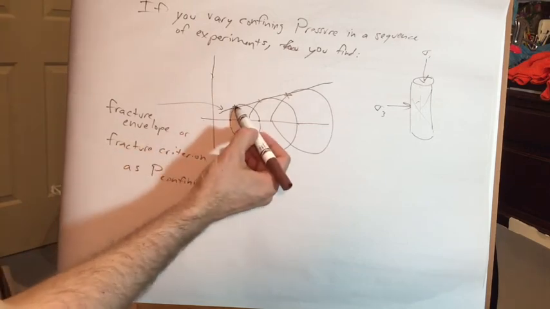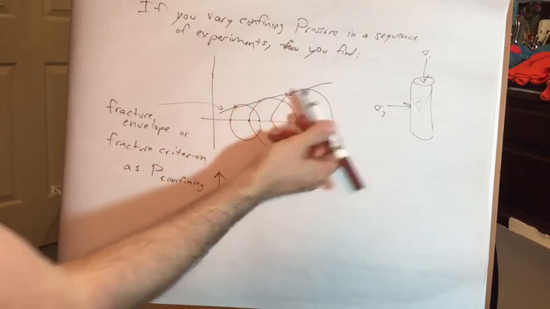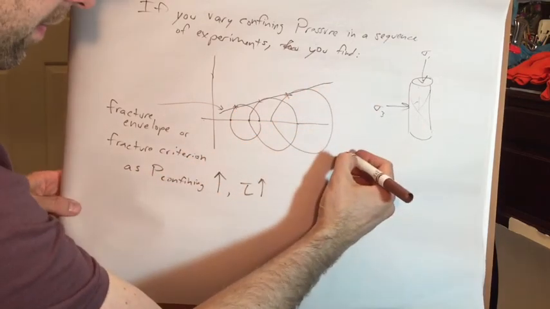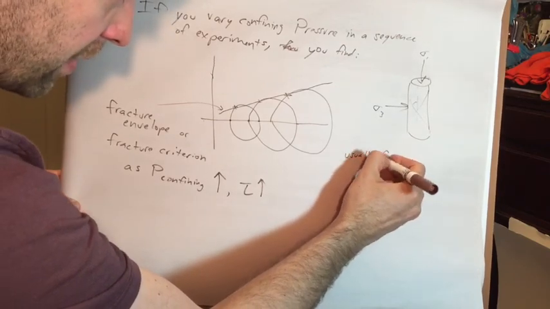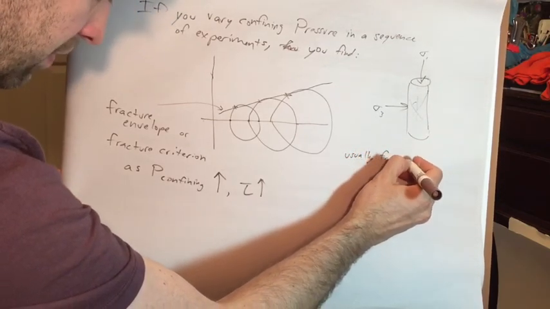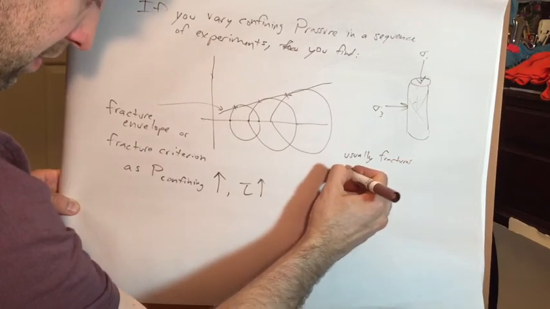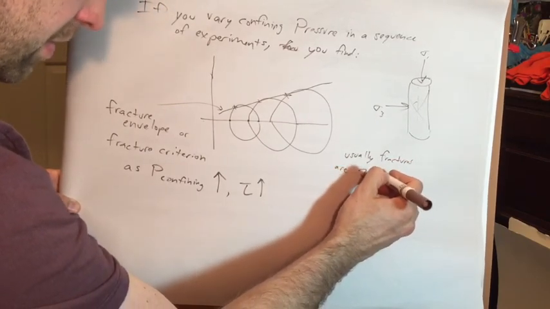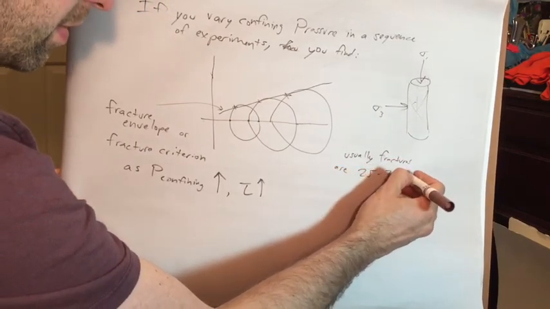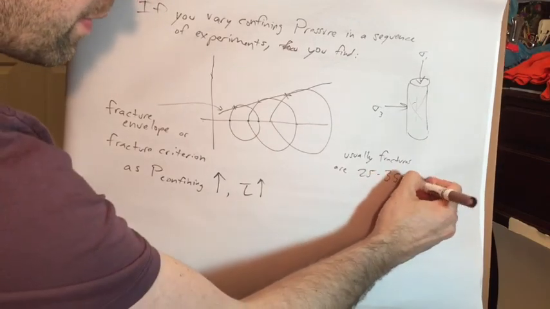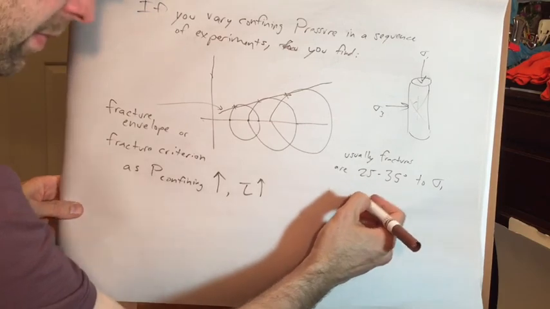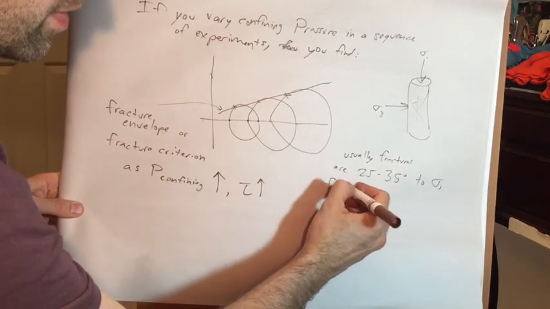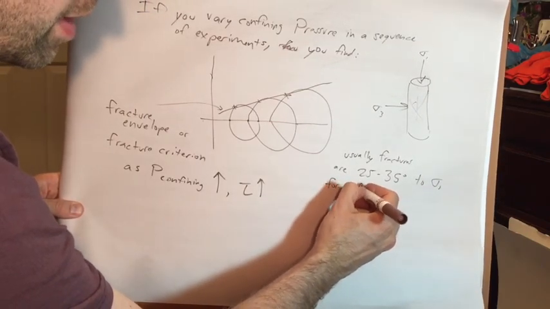And one thing we can say about the orientation there is that usually fractures are 25 to 35 degrees to sigma 1.